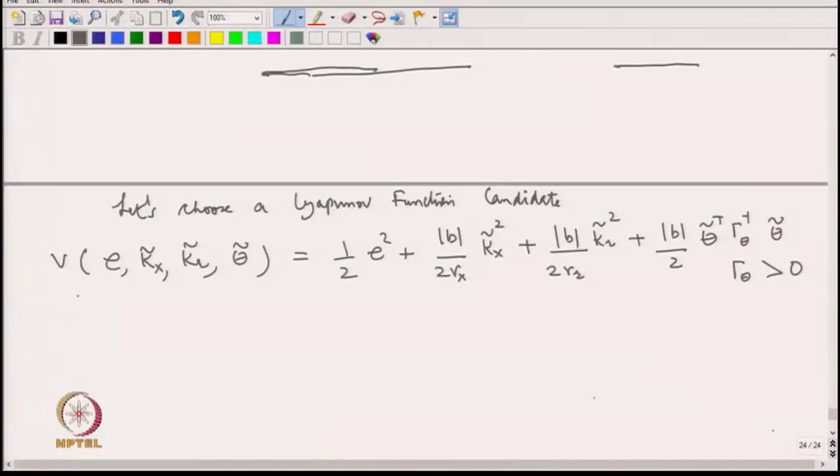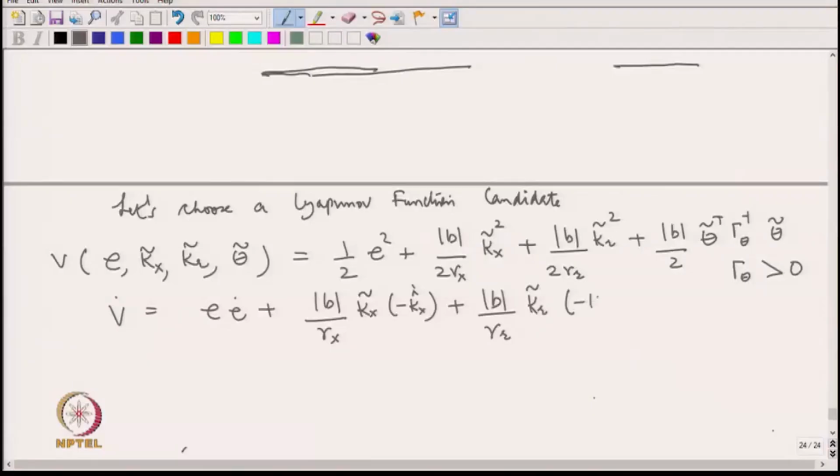Let us look at the time derivative of V. So, V dot is given by e dot plus kx tilde minus kx hat dot plus b over gamma r kr tilde minus kr hat dot plus 2, so 2 will disappear, theta tilde transpose gamma theta inverse and theta hat dot, right.